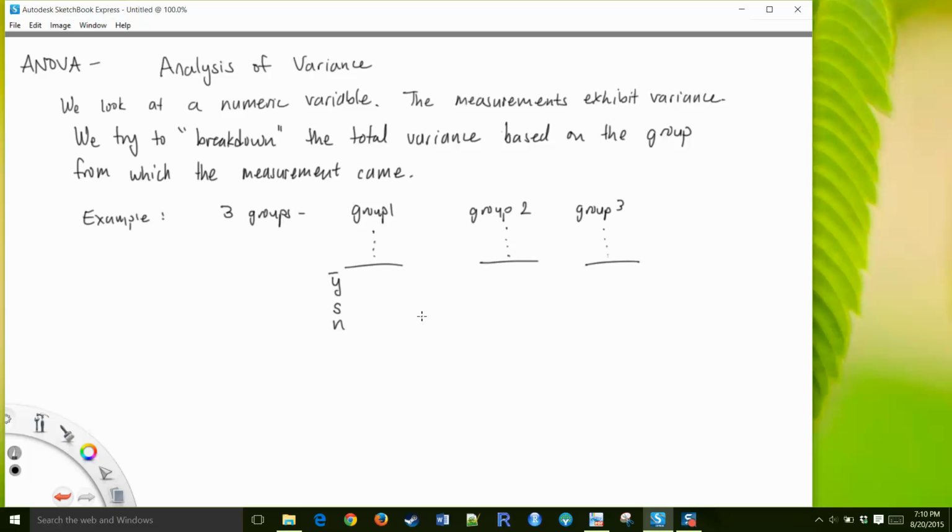The dot represents all subscripts, so if you have 7 groups, this dot means n from all 7 groups, or whatever it might be.